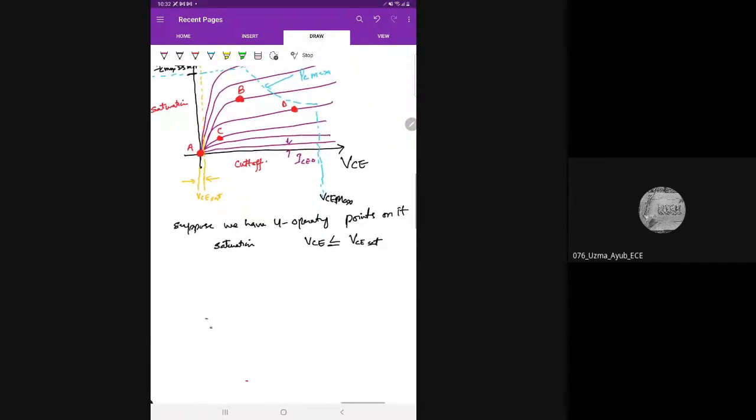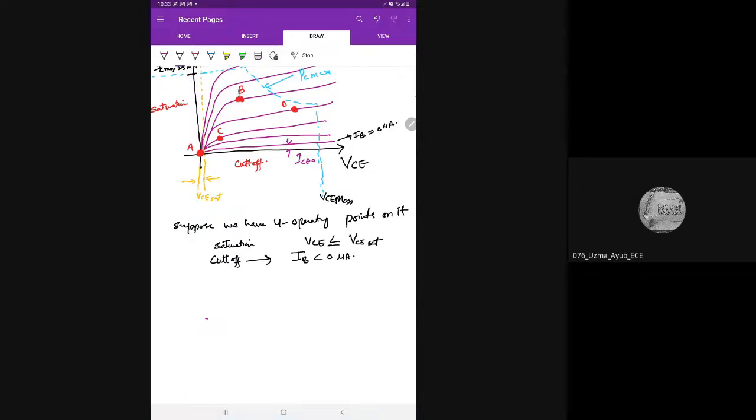So when our VCE is less or equal to VCE saturation, then only we can say that it is a saturation region. And how can we define cutoff region? Now see, this is corresponding to the first curve, IB equal to 0 microampere. So cutoff will be determined by this region when our IB is less than 0 microampere. Less than 0 microampere would mean negative.